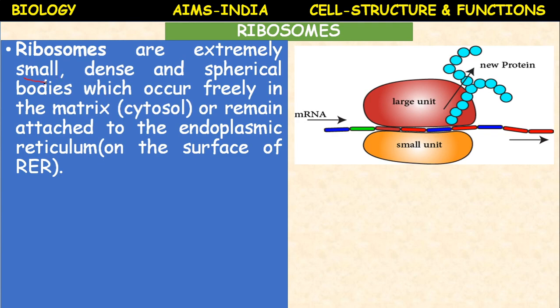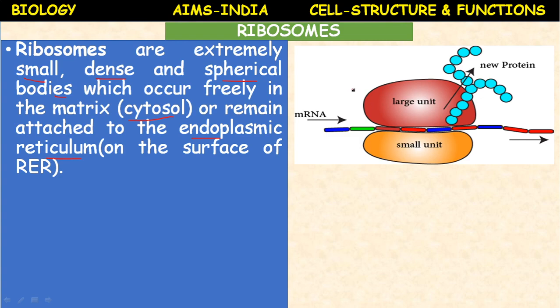They are very small, dense, spherical or round bodies which occur freely in the matrix or cytosol, or remain attached to the endoplasmic reticulum, on the surface of rough endoplasmic reticulum.